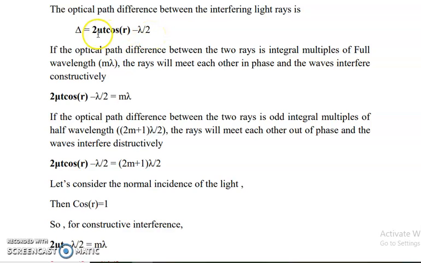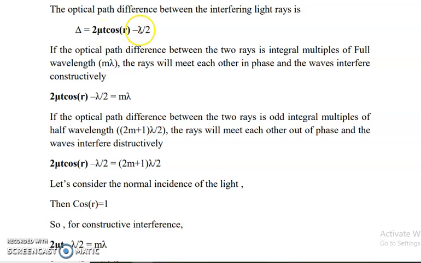For the case of parallel reflecting surfaces, if we are discussing a particular film having a particular value of refractive index, mu is a constant. For parallel reflecting surfaces, t is also a constant. If we are considering normal reflection, then cos r will be equal to 1, again a constant.